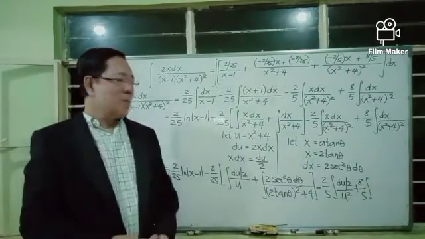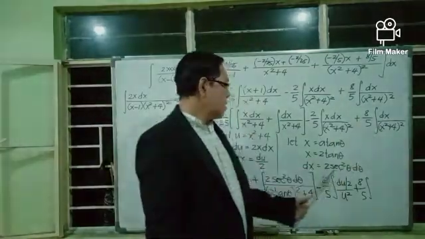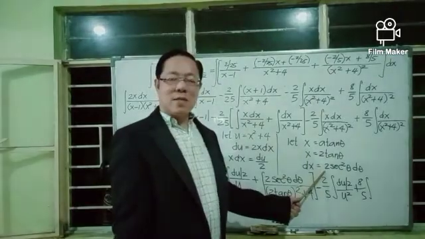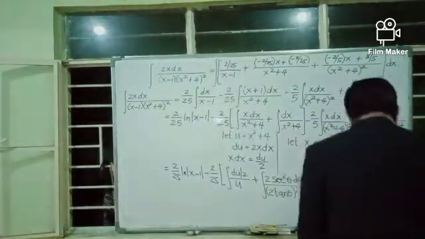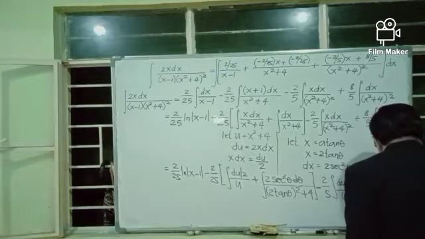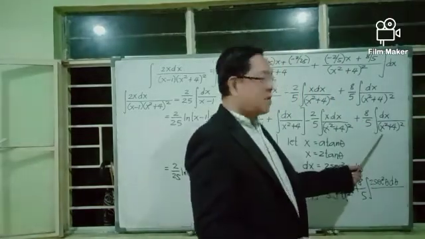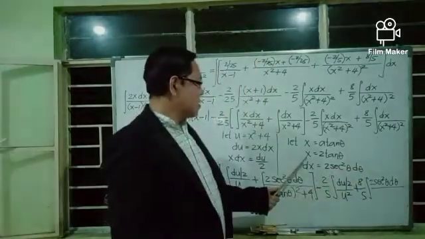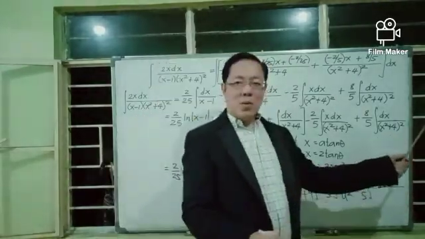And the last term is 8 over 5 times the integral of dx. dx is 2 secant squared theta d theta, over the square of x. x is 2 tangent theta squared plus 4 to the power 2.